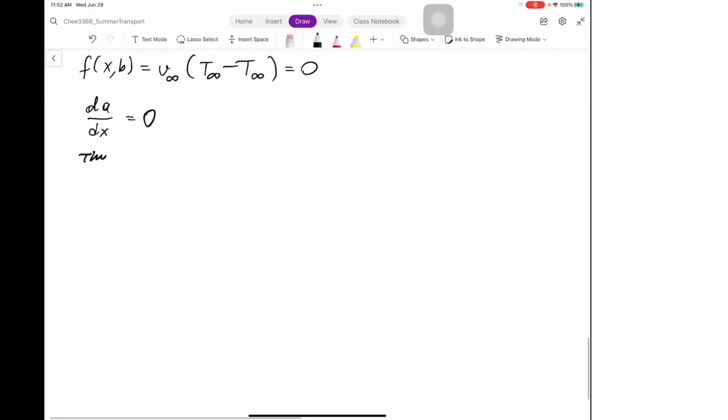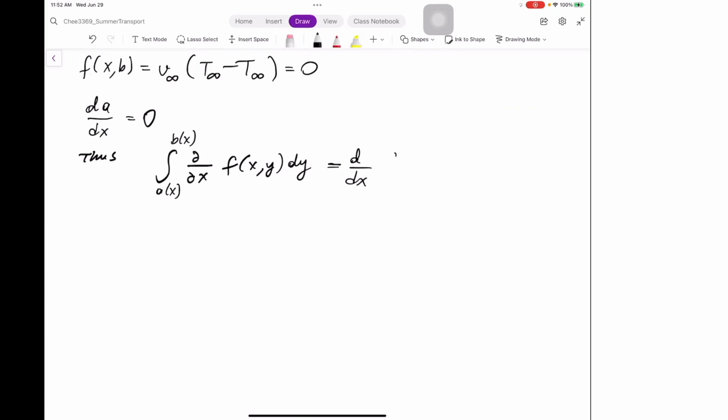Thus, integral del over del x dy dx for our case.